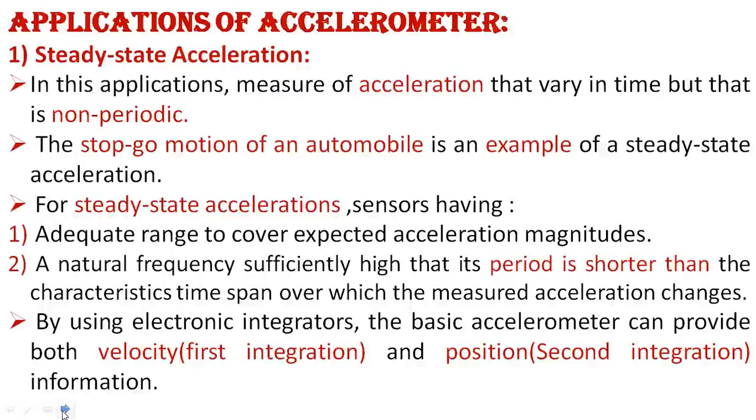For steady state acceleration, we need a sensor having adequate range to cover the expected acceleration magnitude, and a natural frequency sufficiently high that its period is shorter than the characteristic time span over which the measured acceleration changes. By using an electronic integrator, the basic accelerometer can provide both velocity (first integration) and position (second integration) information.